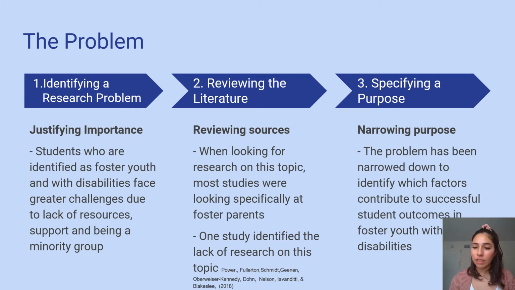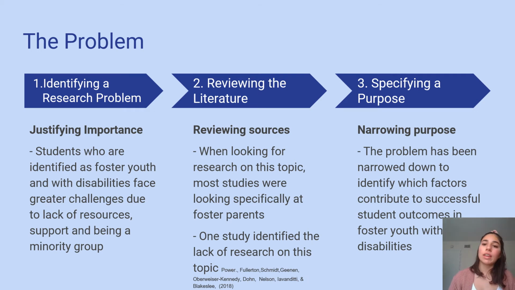But specifically, foster youth with disabilities together is a population that does not have a lot of research. Most of what I found was looking at foster parents, but not very much concrete research on both foster youth with disabilities and their student outcomes when it comes to transitioning out of high school.